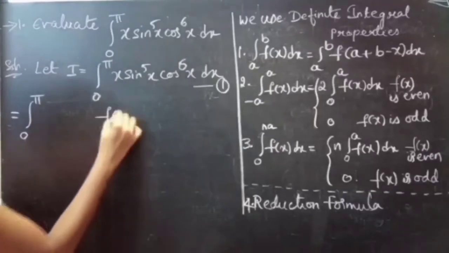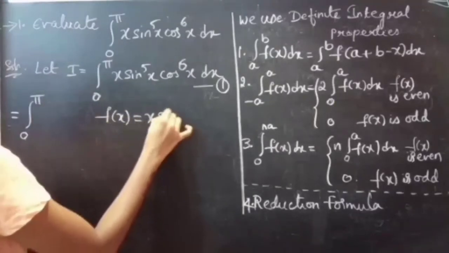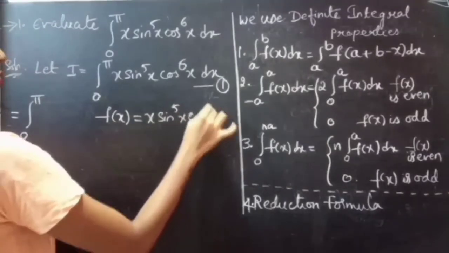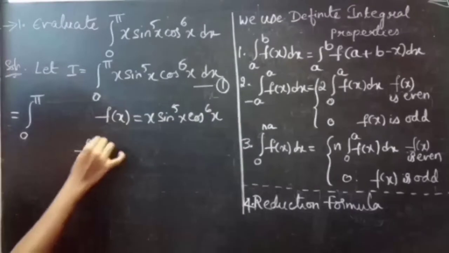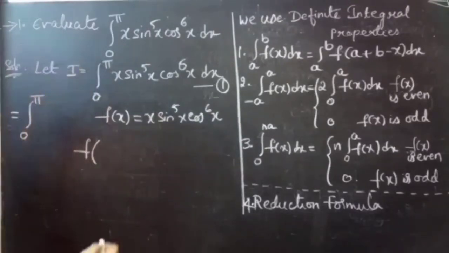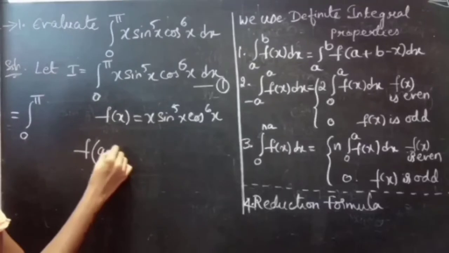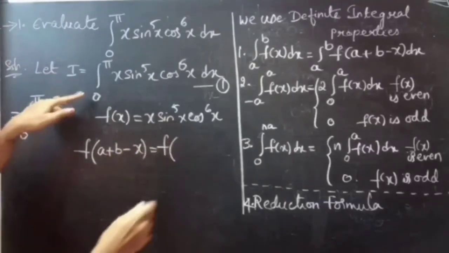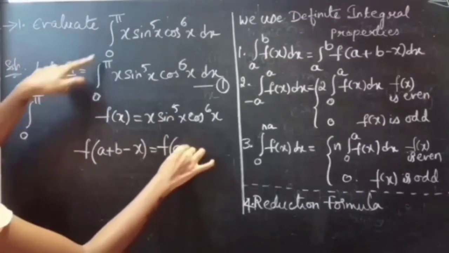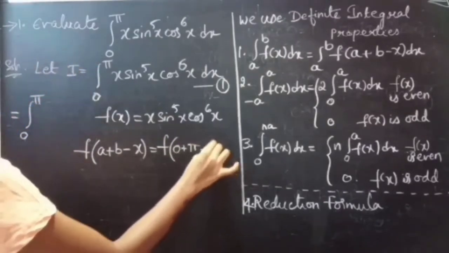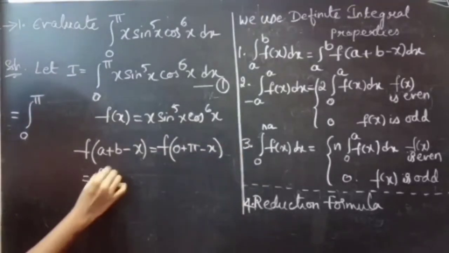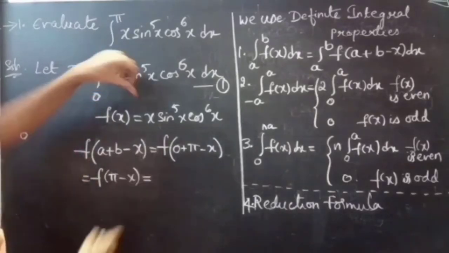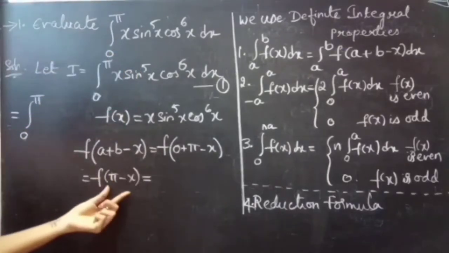If f of x equals x sine power 5x cos power 6x, then f of a plus b minus x, a plus b minus x is 0 plus pi minus x, which equals f of pi minus x.